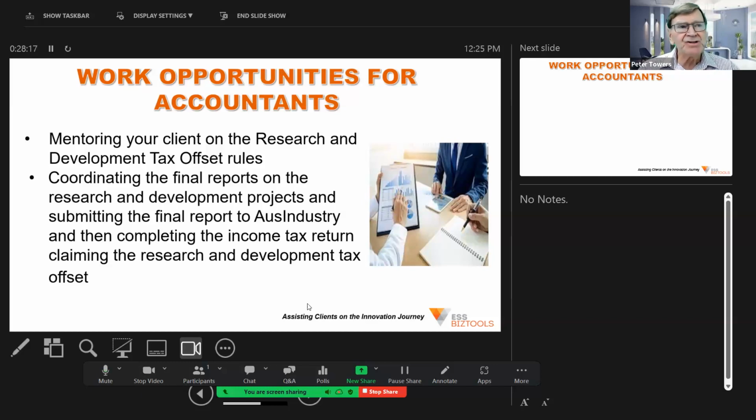We're looking at work opportunities for accountants. I think many of your competitors are obviously very much unaware of the benefits that can accrue to SMEs from research and development and early stage innovation company and crowdsource funding, equity raising, and also the benefits that can accrue to accountancy firms, because this is interesting and challenging work.